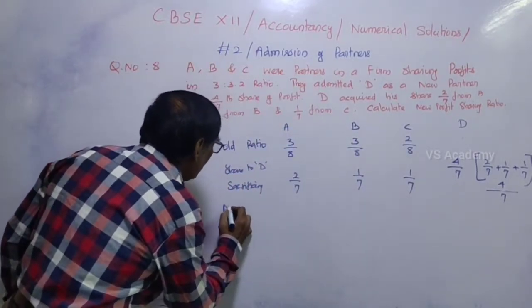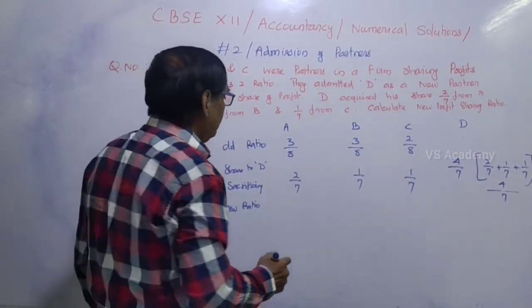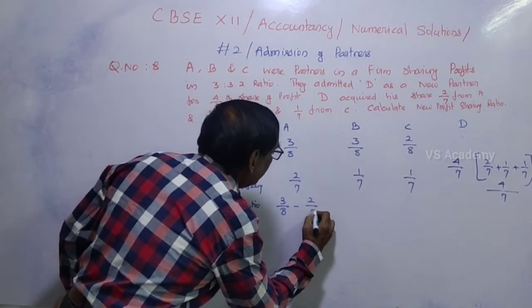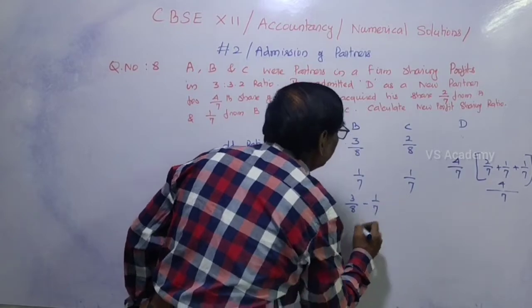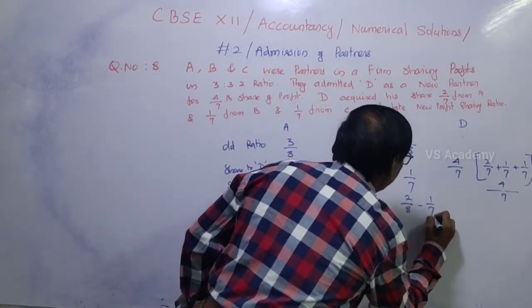So new ratio will be old minus sacrifice. So old 3/8 minus 2/7. Here 3/8 minus sacrifice 1/7. For C, 2/8 minus 1/7.